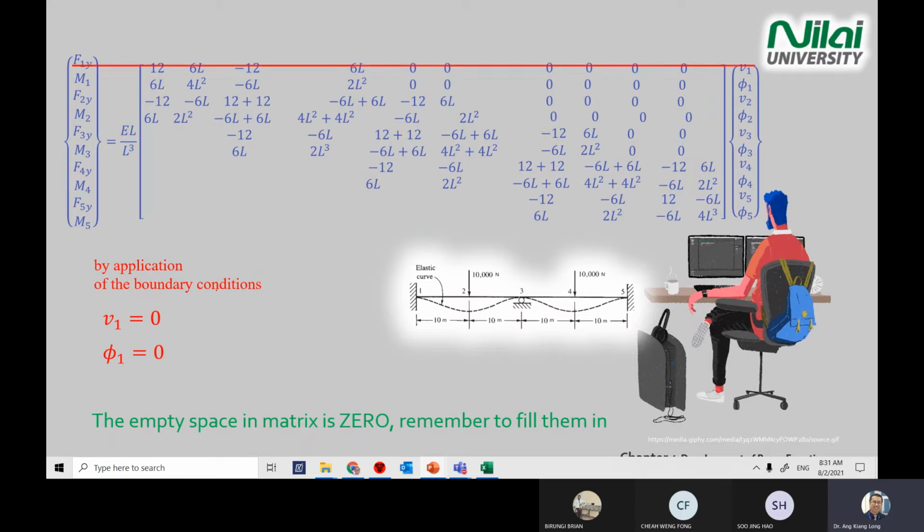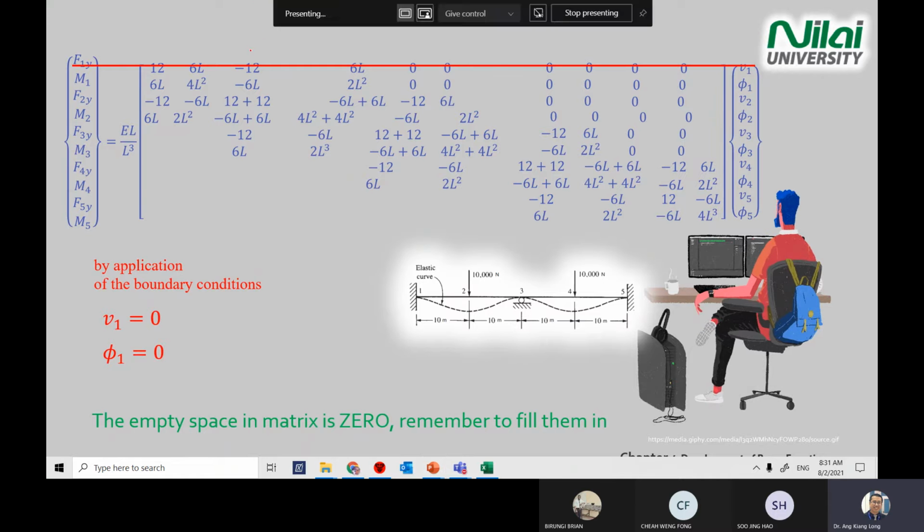So V1 is 0. Once the point is 0, it means the displacement and the rotation are 0. You use a pencil or you rewrite the whole matrix again. Then you use a pencil or a ruler just to close the respective displacements that give you 0.